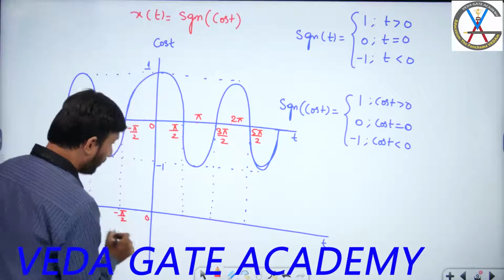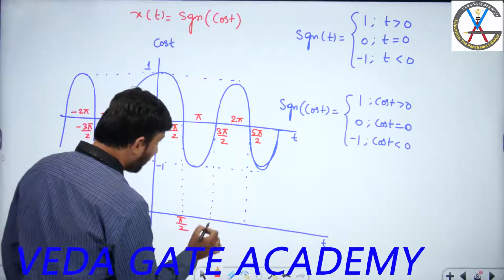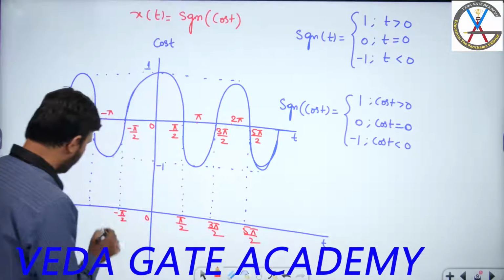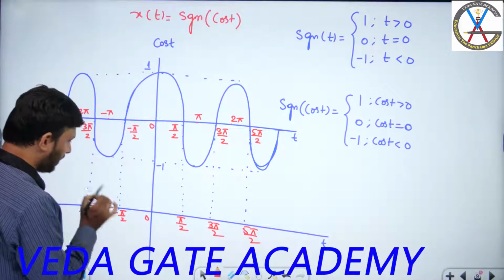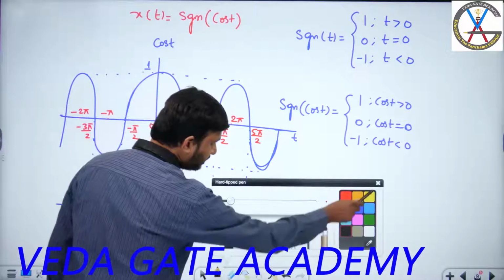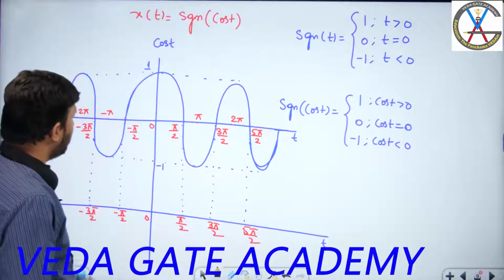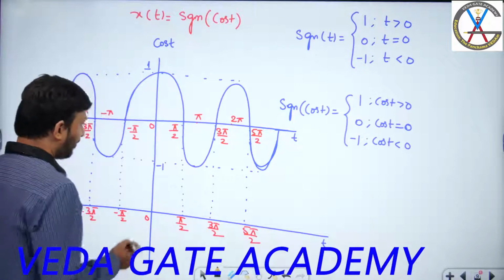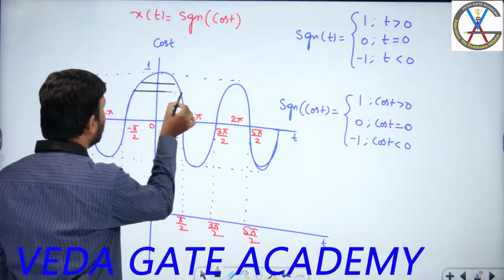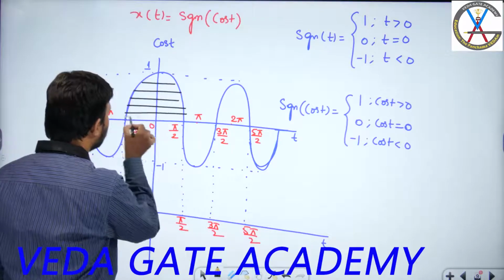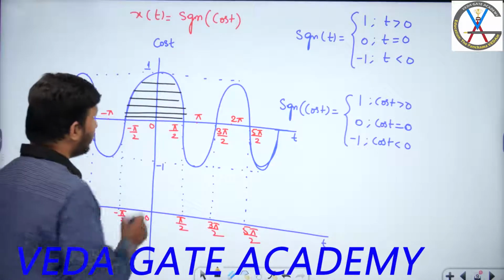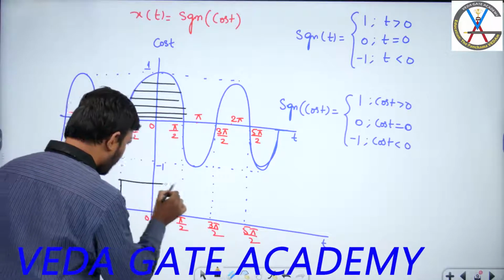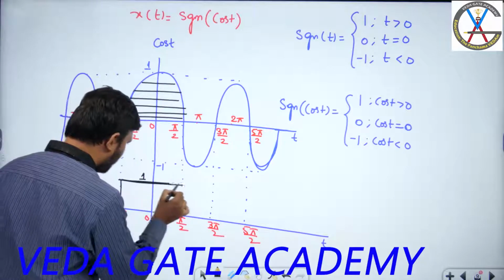Minus pi by 2, 0, pi by 2, 3 pi by 2, 5 pi by 2, minus 3 pi by 2, and so on. Signum of cos t is 1 if cos t is greater than 0. If you observe, from minus pi by 2 to pi by 2, cos t is greater than 0, so signum of cos t will take the value 1.